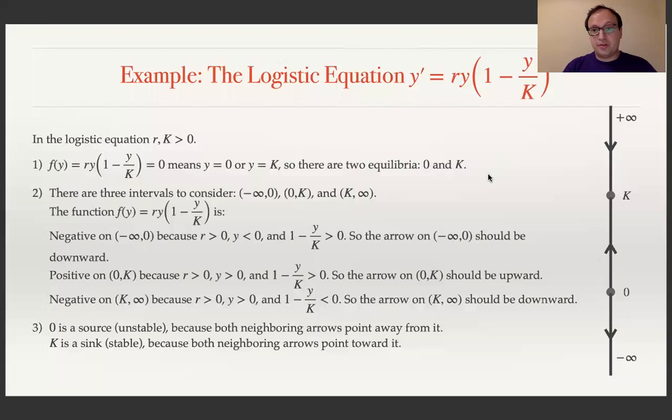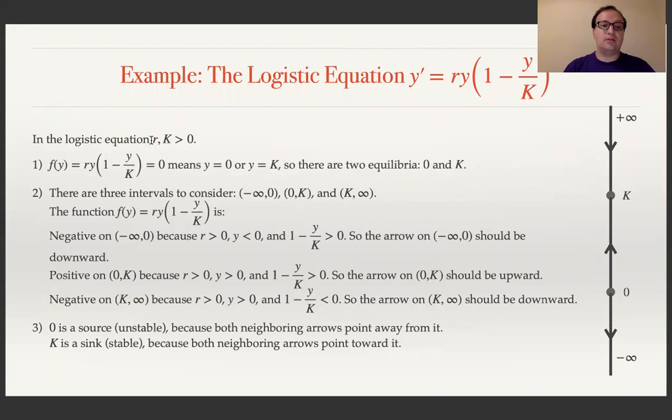So the actual growth rate is r times 1 minus y over k, because when y is near the carrying capacity of the environment, then the growth is actually near 0.